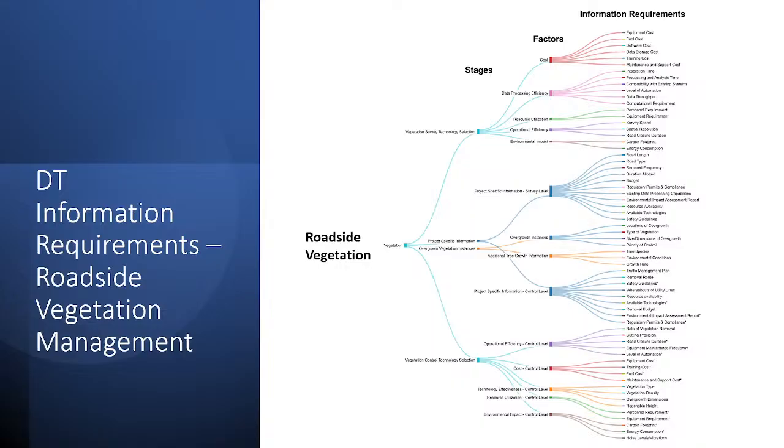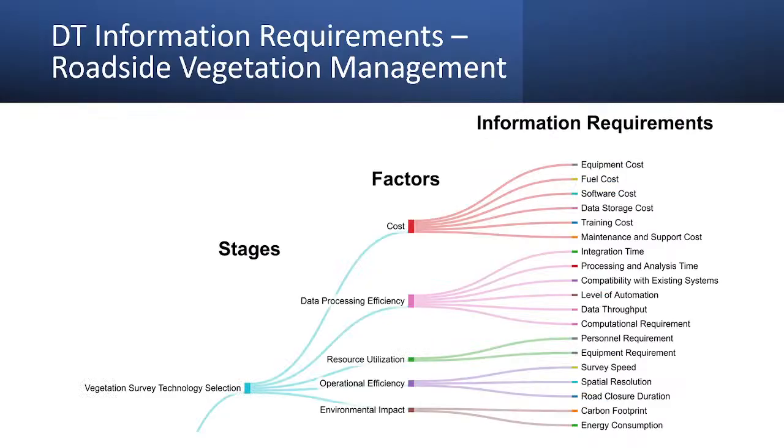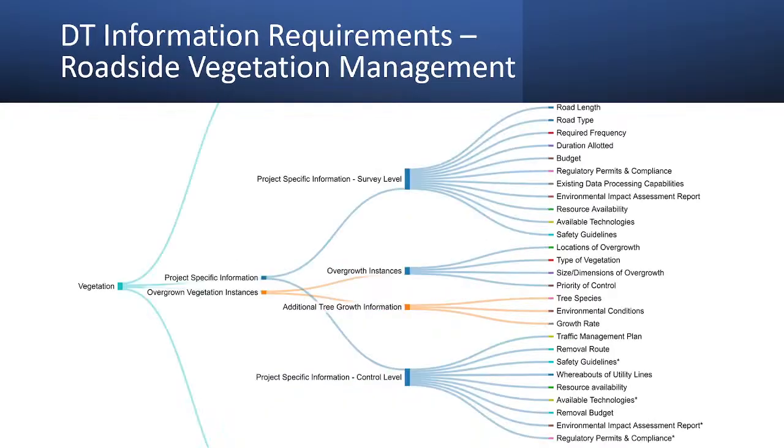So the stages, factors, and the information requirements were identified in 3 stages. This is for the vegetation survey technology selection. We have factors like cost, processing efficiency, operational efficiency, and each of these factors has multiple information requirements that help us to make some decisions. This is again for overgrowth vegetation instances.